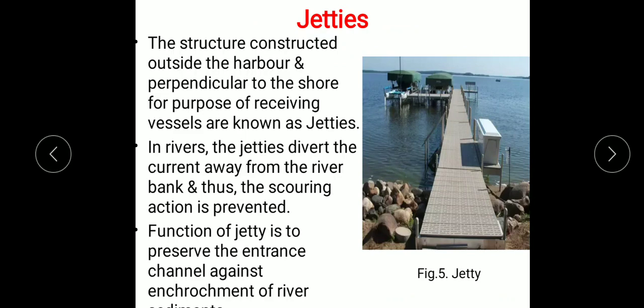Figure 5 shows a jetty, a structure constructed outside the harbor, generally perpendicular to the shoreline, to receive vessels. Vessels are received at these places, and loading and unloading of passengers is also carried out here.